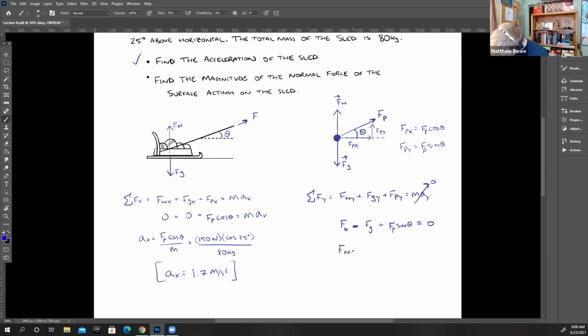Solve for the normal force. Okay, and doing this, the force due to gravity is just the mass of the sled times gravity. And then the rest is the same.